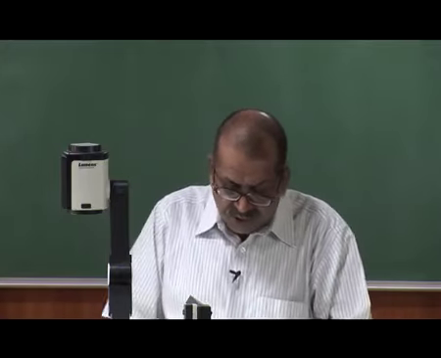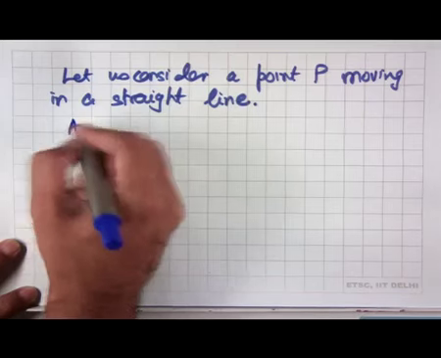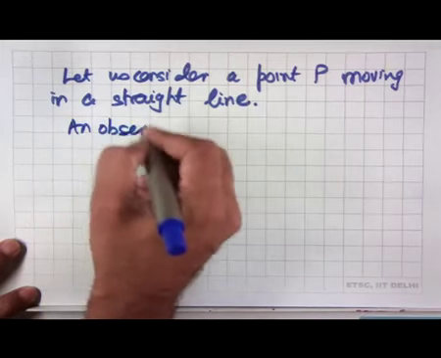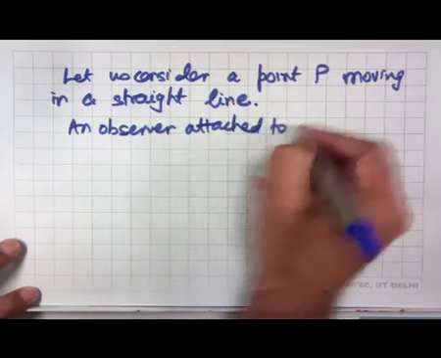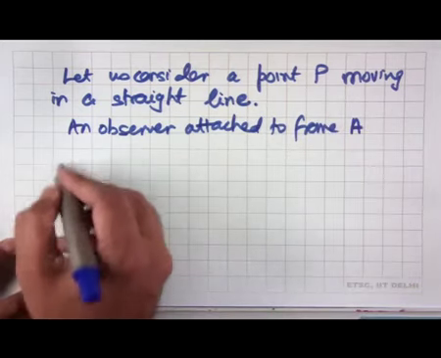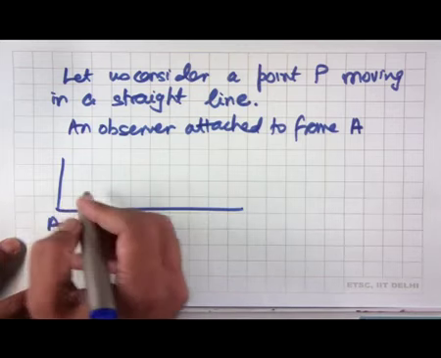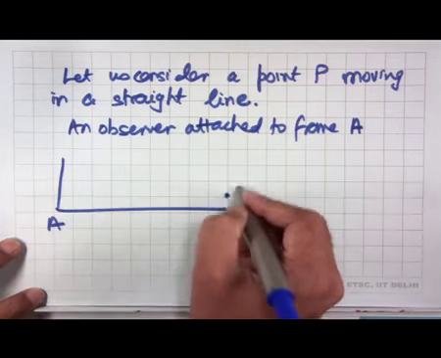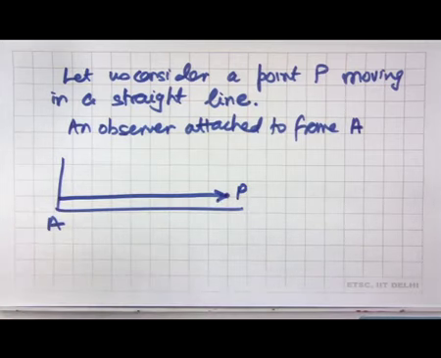So, here we are considering motion of a point P along a straight line. Now we have an observer attached to frame A, so that means we have a reference frame A, and from there this observer is considering the movement of point P.